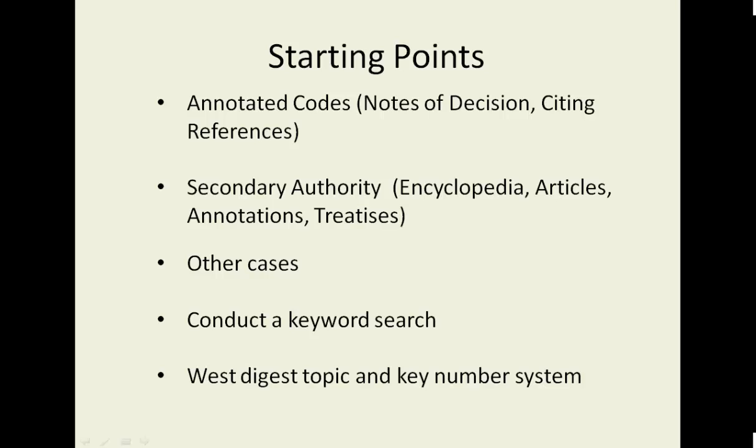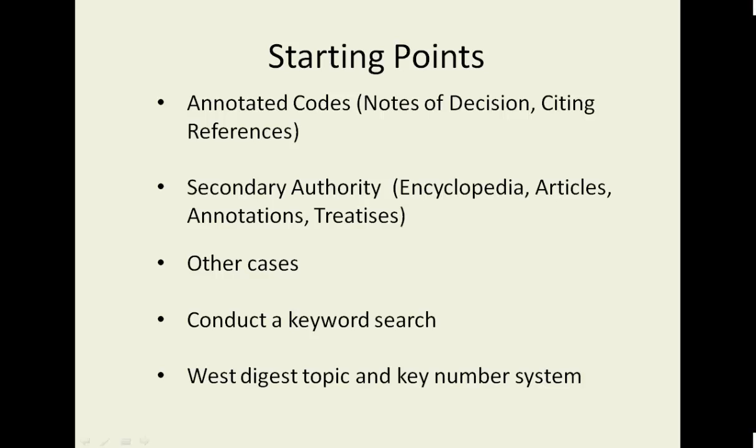Here are 5 recommended ways to begin your case law research. You have a statute, and you can look up the code section in an annotated code to review the notes of decision or the key citing references. If you already have a citation or the name of a case that you read about in a secondary authority, you can use that case as your jump-off point.